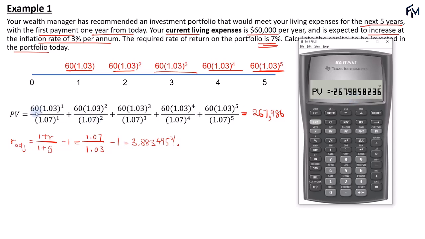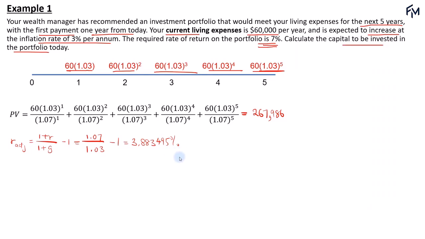You just have to make sure that you key in the PMT correctly and the adjusted rate is input as a percentage. Now, if you want to use the formula that we derived earlier, then the PV will be the PMT in the first year over R minus G, and then multiplied by 1 minus 1 plus the growth rate over 1 plus the discount rate to the power of n.